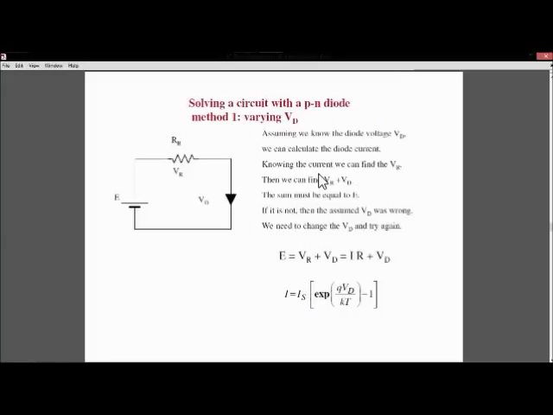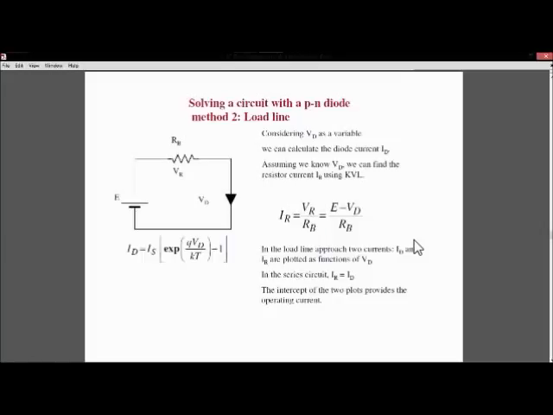Then when we have the current, we can find VR, and VD plus VR, the sum, must be equal to this EMF E. So E equals VR plus VD, as you can see from the circuit diagram. VR is given as I into R, plus VD, and this I, the diode current, is given as IS into exponential of qVD by kT minus 1, or you can say exponential of V by 0.026 minus 1.